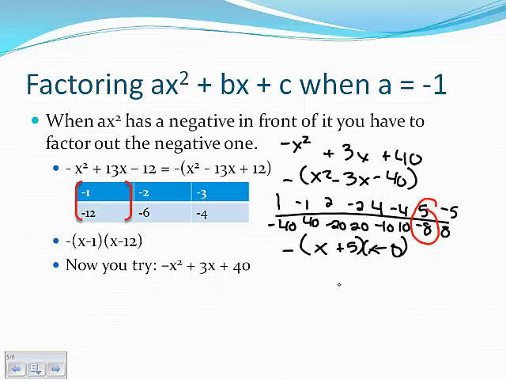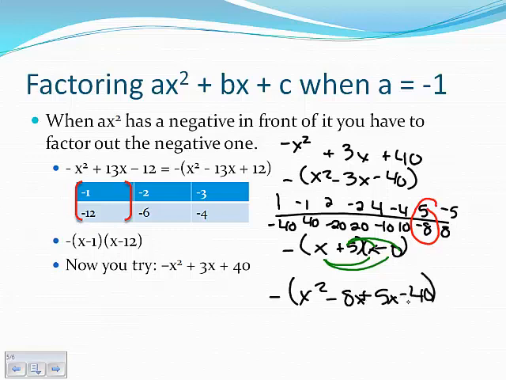Use FOIL again to check it. Multiplying gives you the equation negative x squared minus 8x plus 5x minus 40.